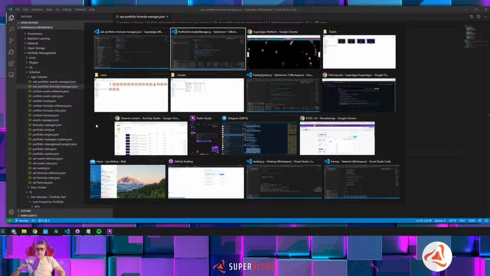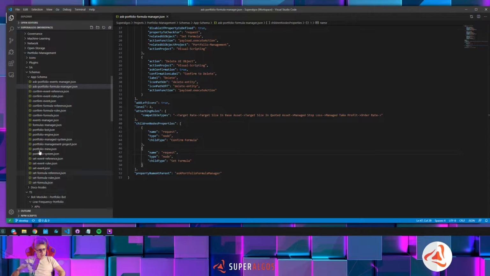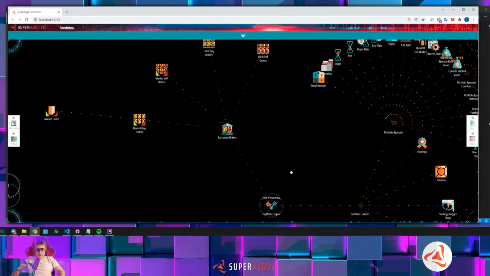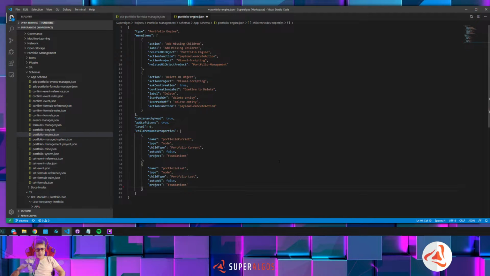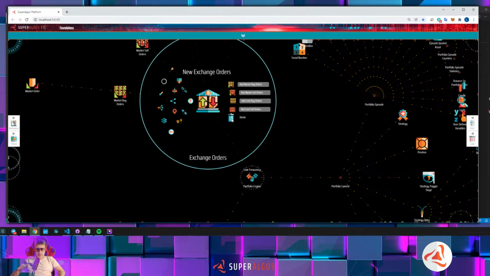Portfolio engine should be one of the nodes that I have here. Let's check it out. Portfolio engine. Okay. The exchange orders is not a node from the portfolio management project. In fact, it's from foundations, and we will remove this guy because we will not deal with exchange orders. So, goodbye.